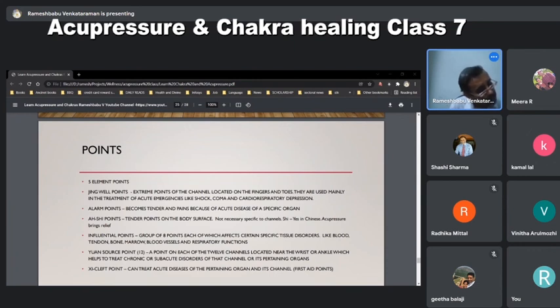Then ST40 is the luo connecting point. Then the fire point is ST41. ST42 is the yuan source point. And what did I miss? Wood point. Yeah, ST43 is the wood point, ST44 is the water point, and ST45 is the metal point.